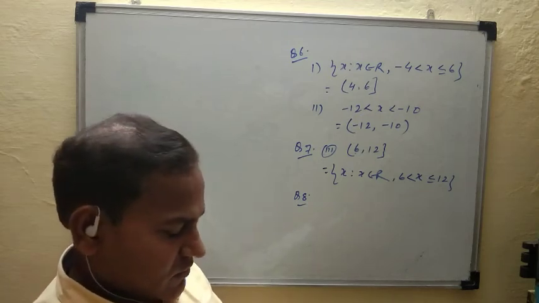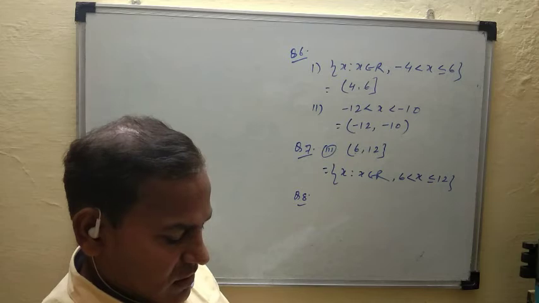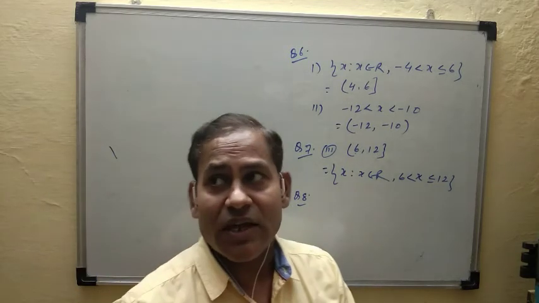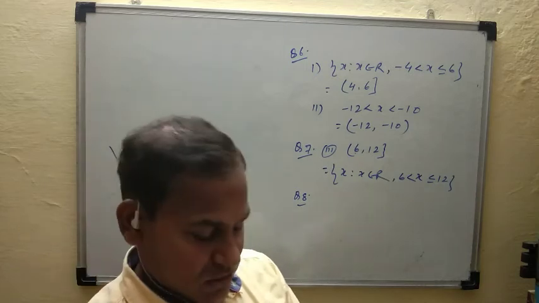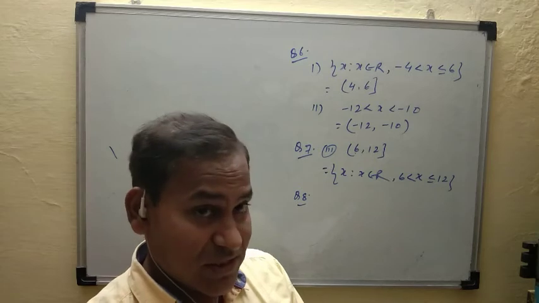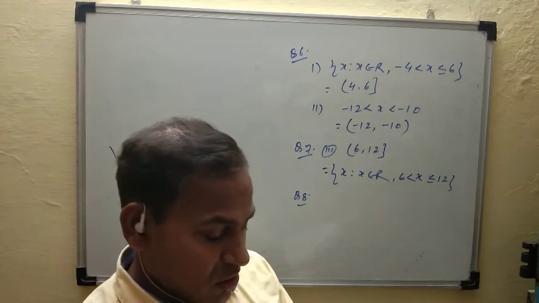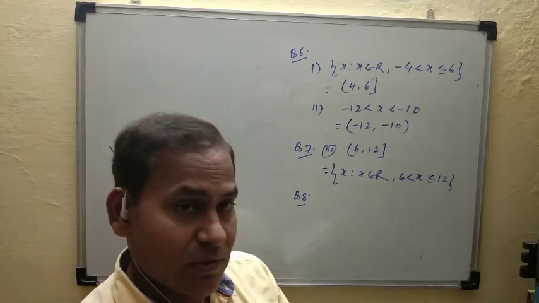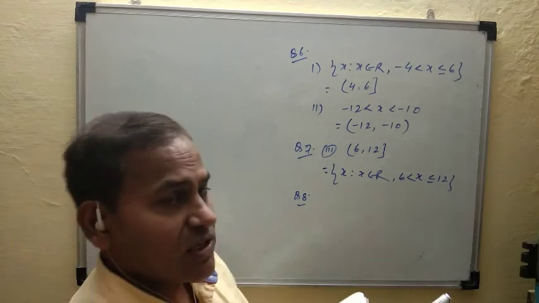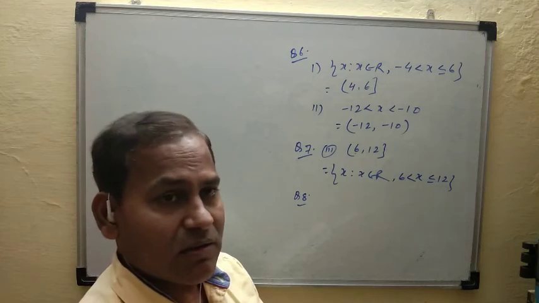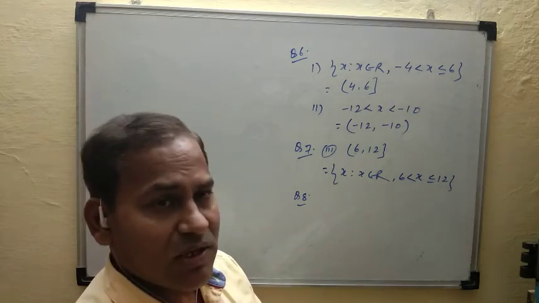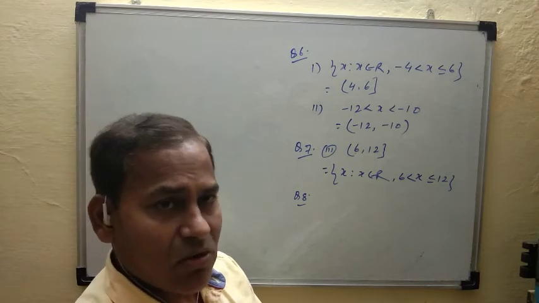First, the set of right triangles and the set of isosceles triangles. Since the universal set is the biggest set, write a set which is a superset of all given sets, that is a superset of right triangles and a superset of isosceles triangles. So the universal set is the set of triangles. The set of triangles means all triangles lie in that set: isosceles, scalene, equilateral, right angle triangle, all triangles.